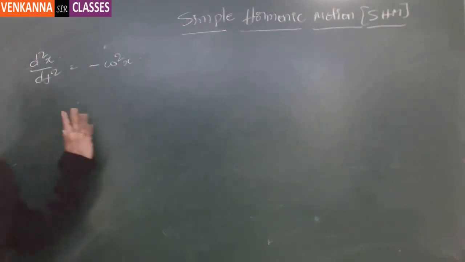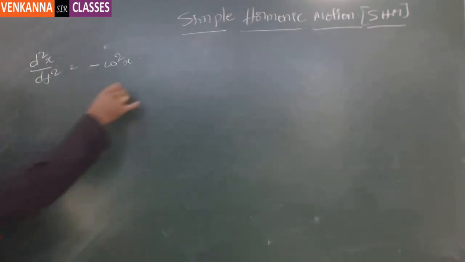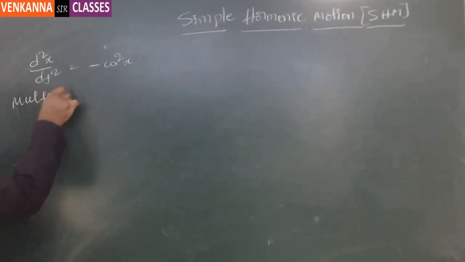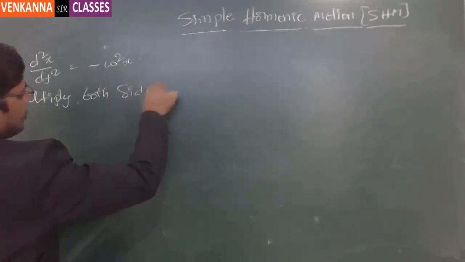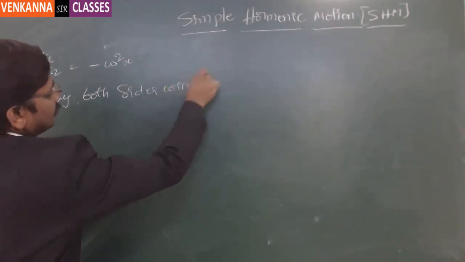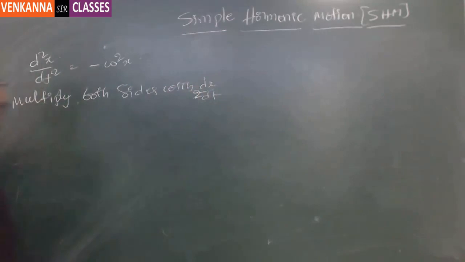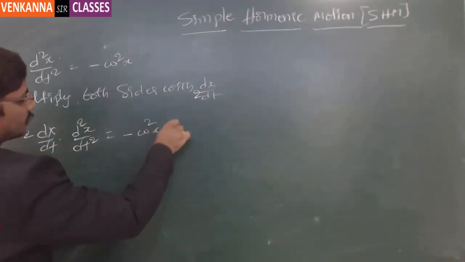To solve this differential equation, we will be multiplying both sides with 2 times dx by dt. So 2 times dx by dt, if you multiply on either side, into d square x by dt square is equal to minus omega square x into dx by dt.